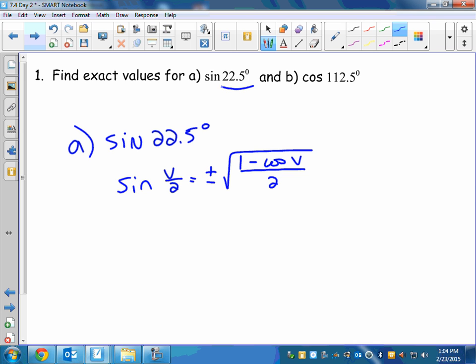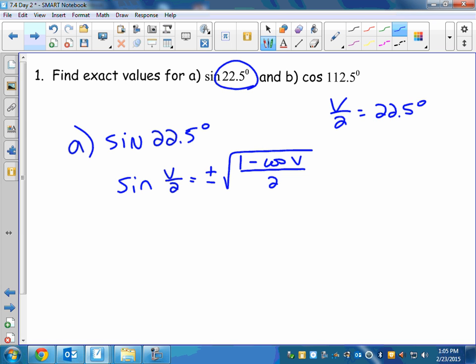So when they give me 22.5 to find, what is v actually? Right, it's 45. This is already the half of it. v over 2 would equal 22.5 degrees.